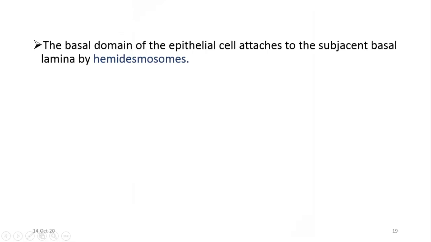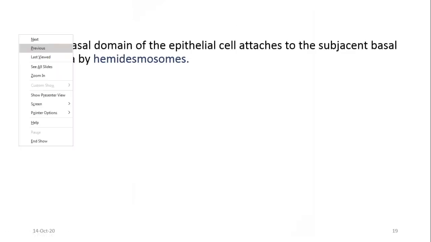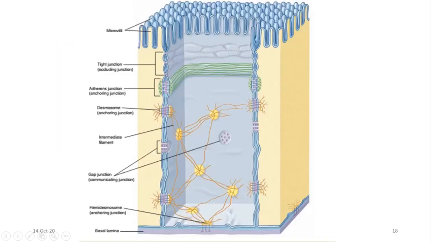The basal domain of the epithelial cell attaches to the subjacent basal lamina by hemidesmosomes. The hemidesmosomes bind the basal domain of the epithelial cell with the basal lamina.